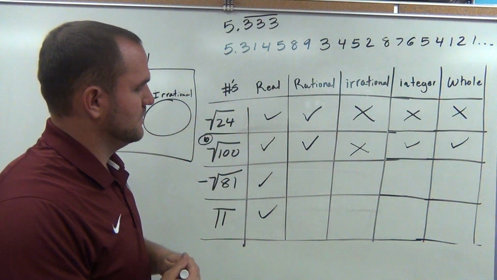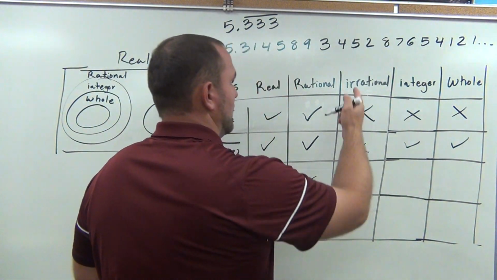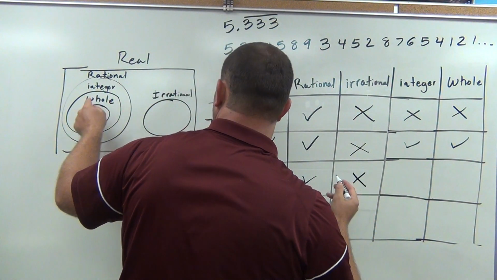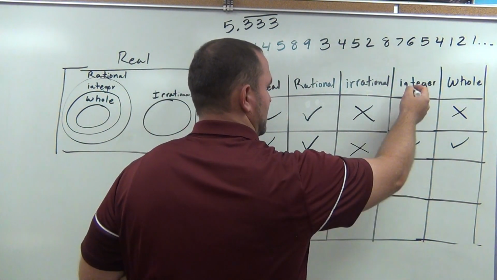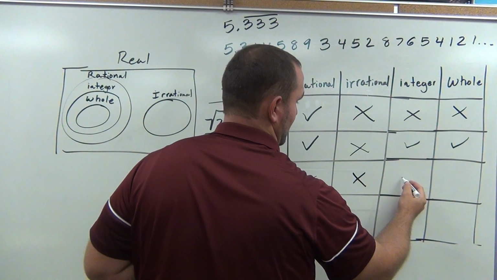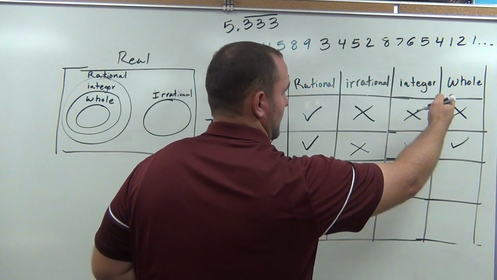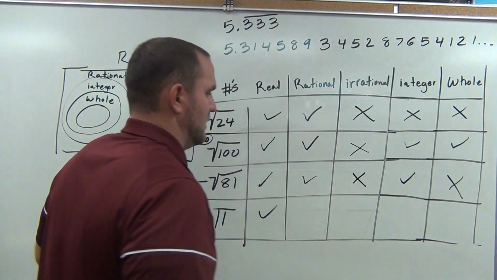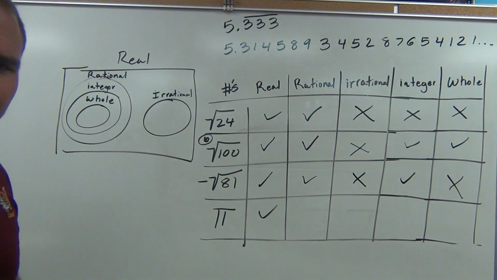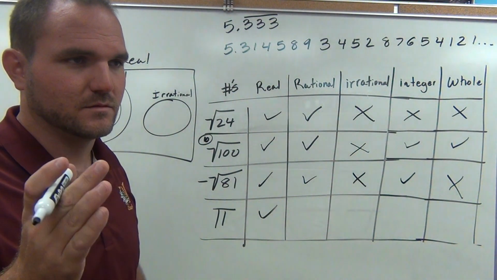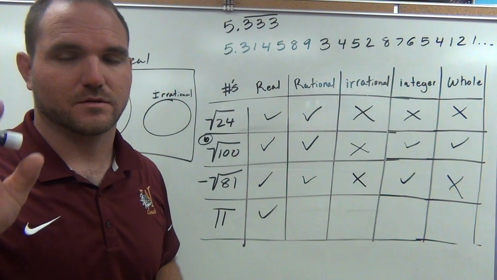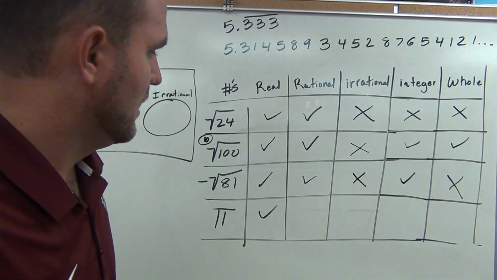Is it a rational number? Yes. Irrational number? No, because they fall into two different categories. Integer, negative 9? Yes. Whole number? No. That's because whole numbers, once again, are 0, 1, 2, 3, 4. So they're all positive numbers and 0.